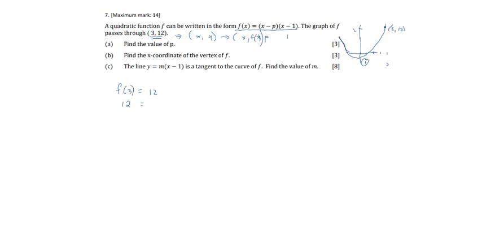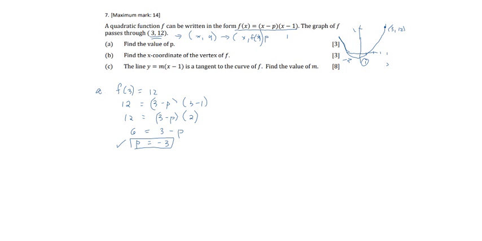So 12 equals (3 minus p) times (3 minus 1). This gives us (3 minus p) and 2. Doing our algebra, we have 6 equals 3 minus p. Therefore, our p is equal to negative 3. Okay, done with letter A.